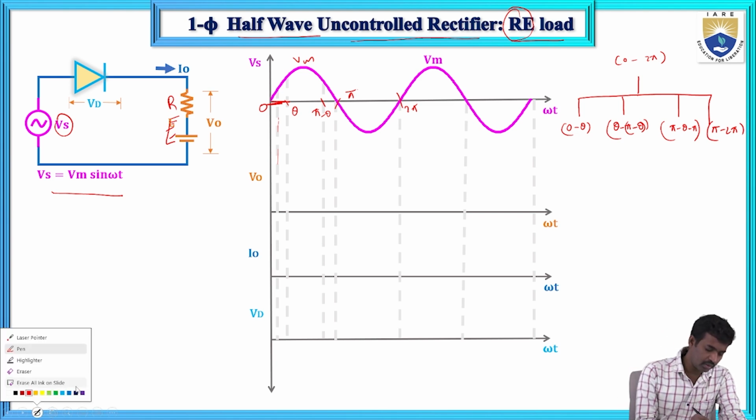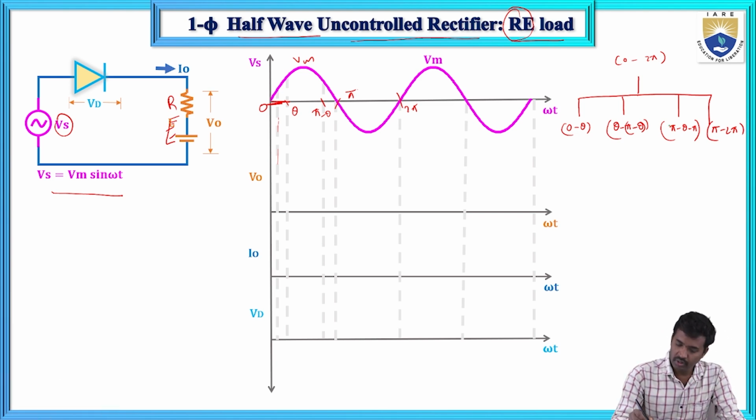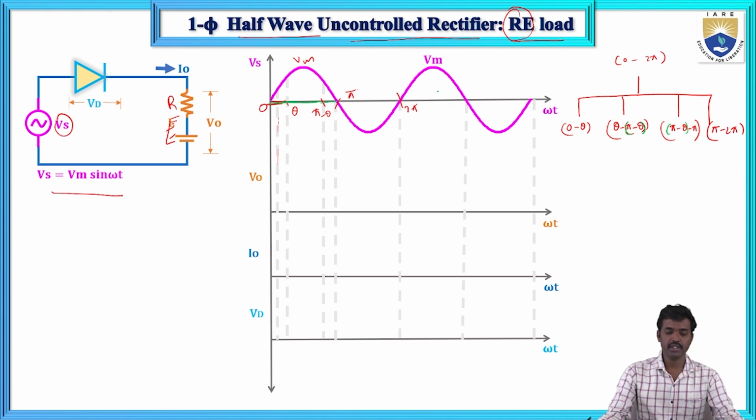So there are four categories, and I will explain how the diode acts in each.